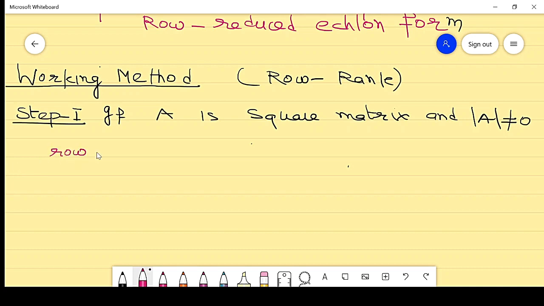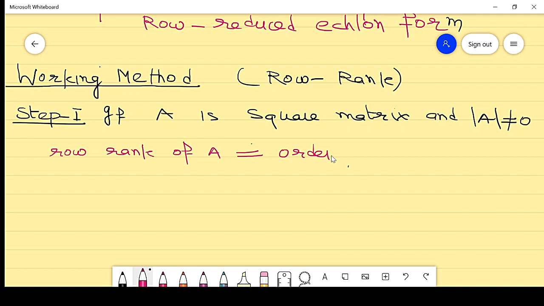So it means the row rank of A is equal to its order. Suppose we have a 2 by 2 square matrix and its determinant is non-zero, then it means its row rank is 2.